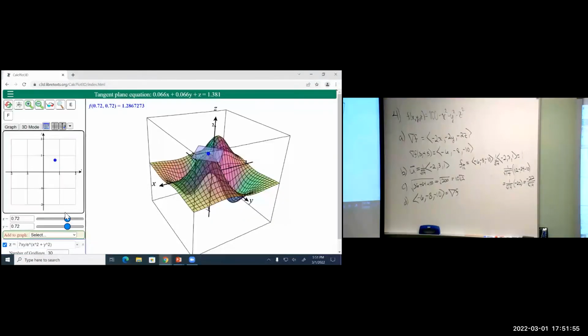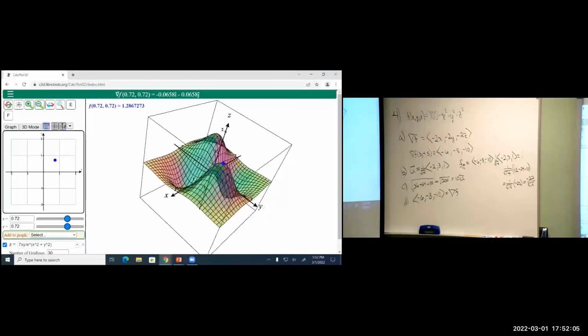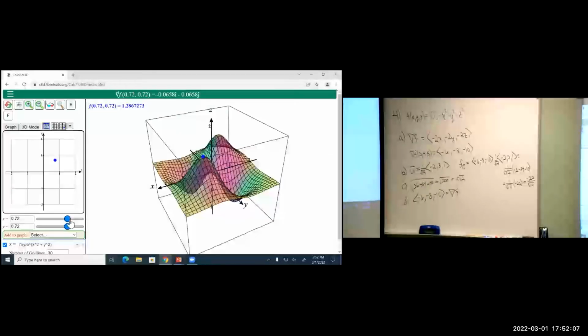That's one of the things, if you want, on Calculator 3D, you can have the gradient placed on there. Now the gradient's 0 because we're at the top point, but if I move that point around, you can see how the gradient changes depending on where the point is. That red arrow is the gradient that is pointing in the direction of maximum rate of change, and its magnitude is the maximum rate of change.